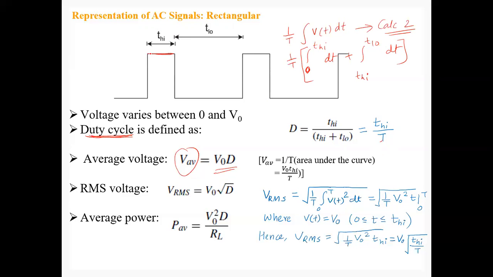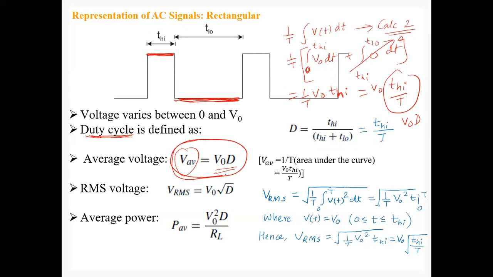V0. During T high to T, what is the voltage? 0. That's why this part is 0. So you are just left with the first one, 1 over T times V0 T high, or V0 T high over T. What is this? Duty cycle, V0 D. That's how you get the average voltage.